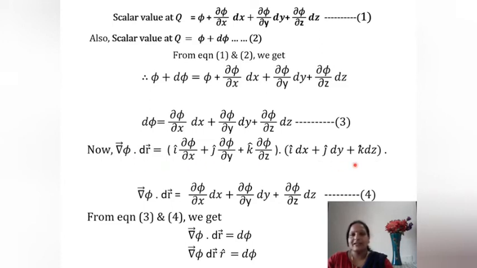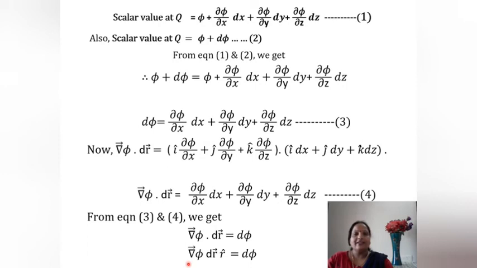After simplification, we get del φ dot dr is equal to ∂φ/∂x dx plus ∂φ/∂y dy plus ∂φ/∂z dz. Equation 4. From equations 3 and 4, the RHS are the same. Therefore, dφ is equal to del φ dot dr.